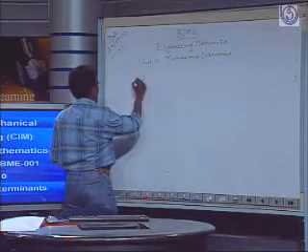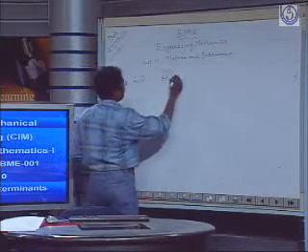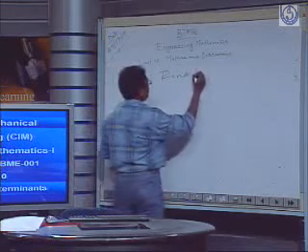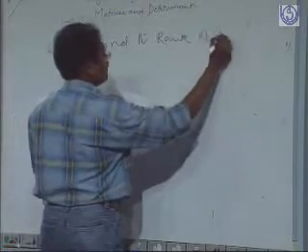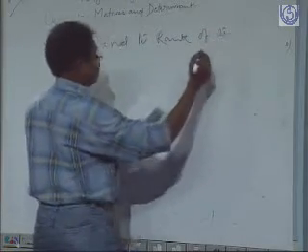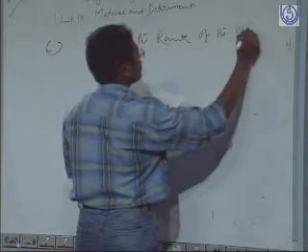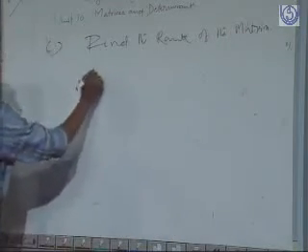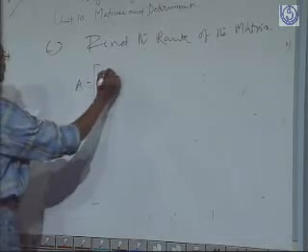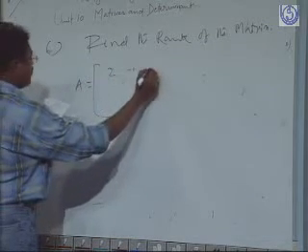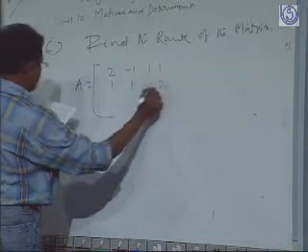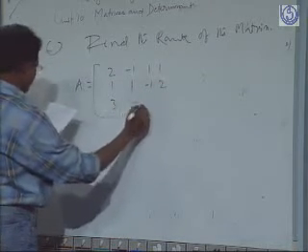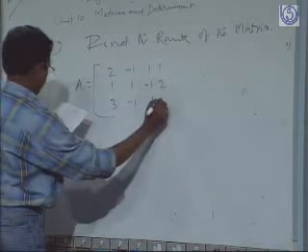Then C is: find the rank of the matrix. Here the matrix is given: 2 minus 1 1 1, 1 1 minus 1 2, 3 minus 4 1 0.